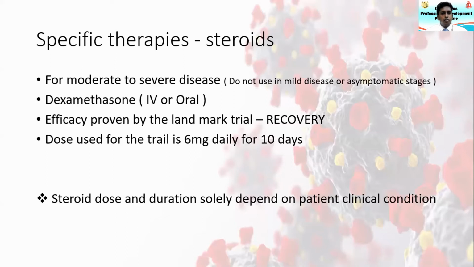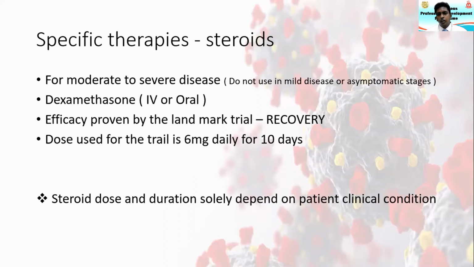COVID-19. So first thing, the steroid, which has been shown to stop the disease progression and improve survival. The major landmark trial is the RECOVERY trial. Dexamethasone is the drug they have used. You can use other steroids, hydrocortisone, prednisolone as well. The usual dose they have used is 6 milligrams for 10 days.